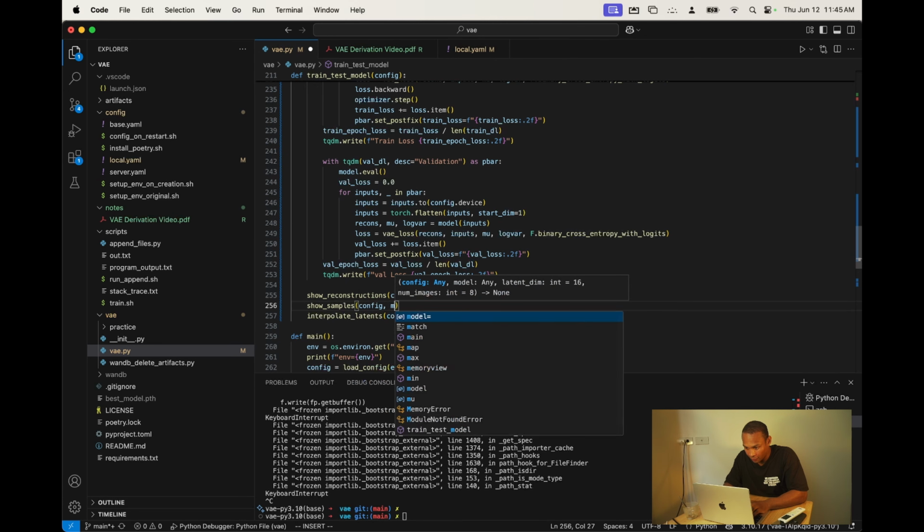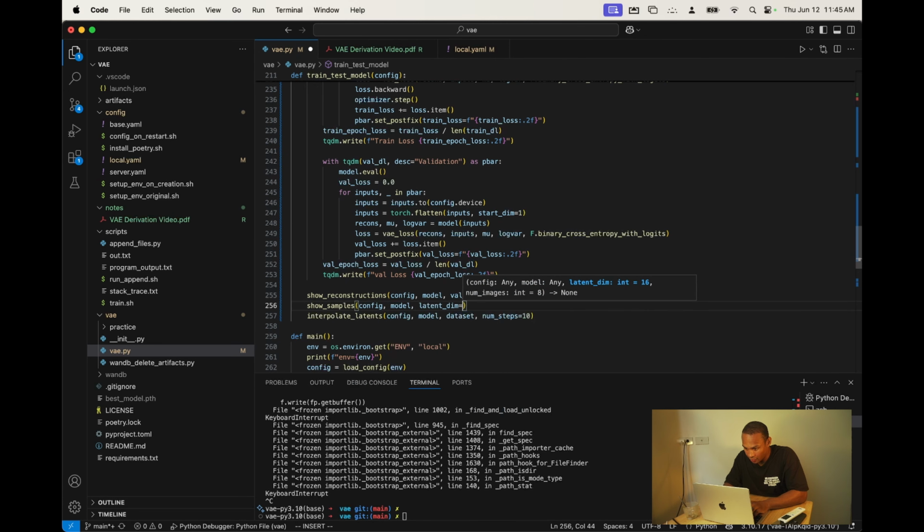Show samples, config, model, latent dim, 16, I'm going to use 8.